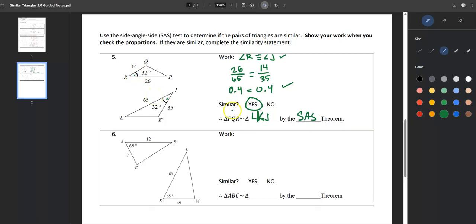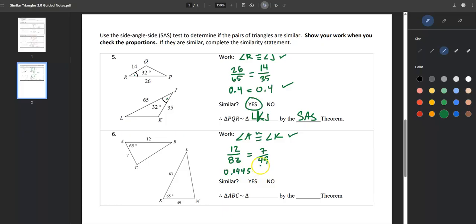Okay? So if I look at this next one, I've got angle A is congruent to angle K, so that checks out. That's good. Then I need to check my sides. So again, big over big. So I'm just going to go 12 over 83, and that should be equal to 7 over 49. If I go 12 over 83, that simplifies to 0.1445, and so on.